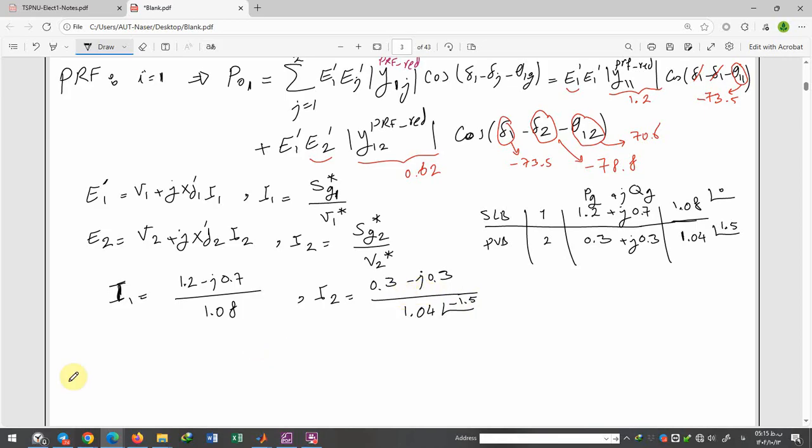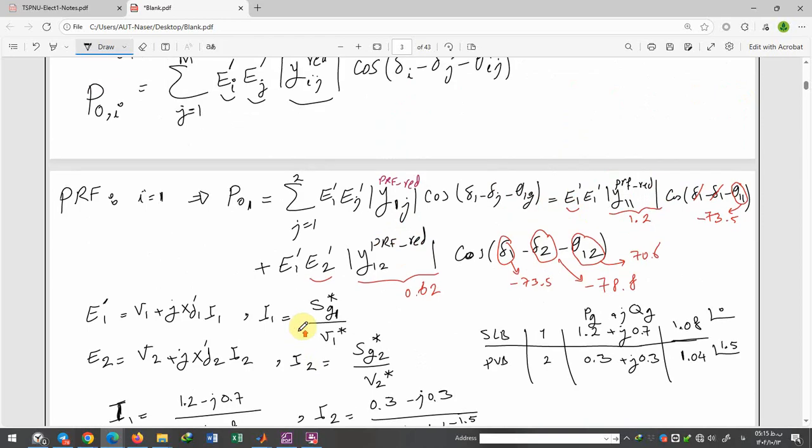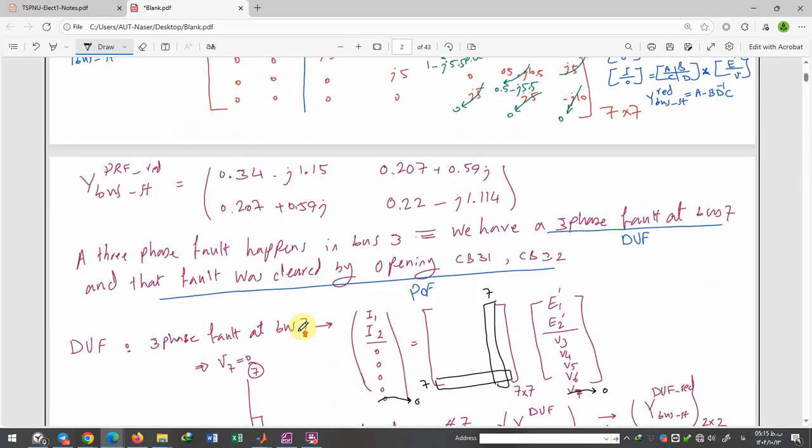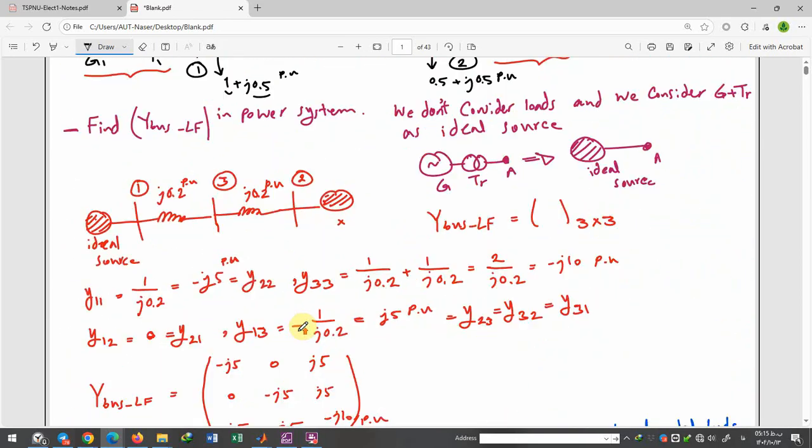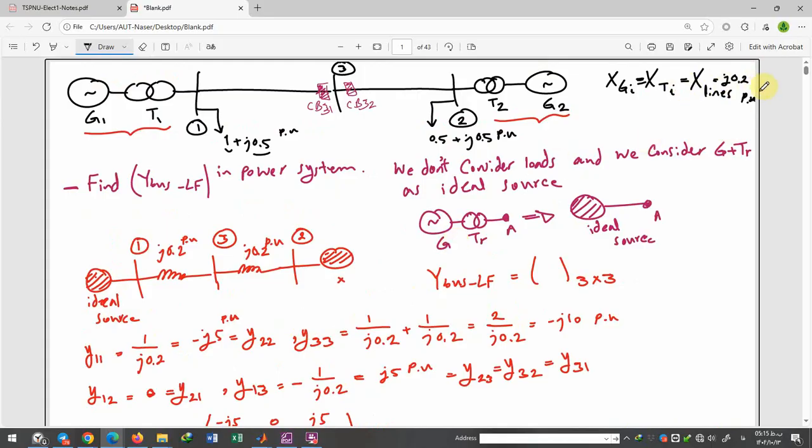So E prime 1 is V1, which is 1.08 with the angle of 0, plus j0.2 per unit, as we said in this part.